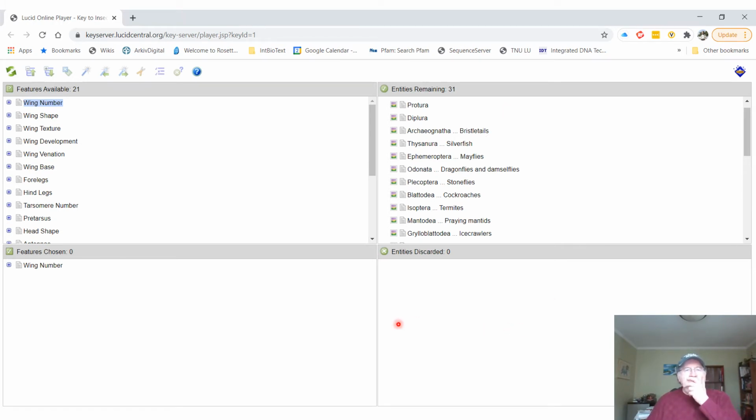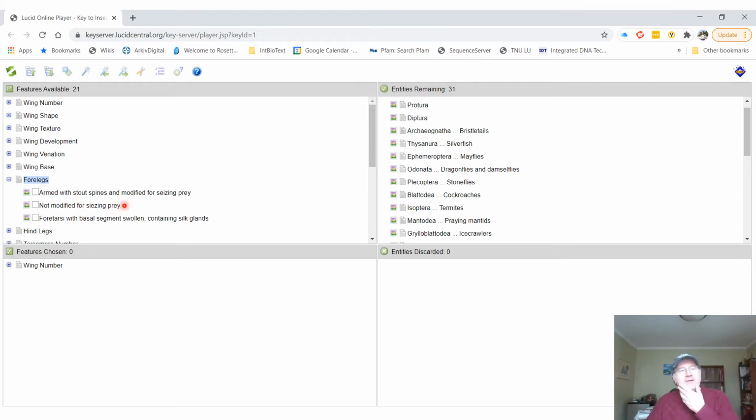Let's say we have a specimen in our hand, we can identify this specimen starting anywhere we want. That's the essence of what a multi-entry key is. So let's pick, I think I started out with, what was it, 4 legs. Right, so you click on 4 legs, and that option opens up to show you 3 character states.